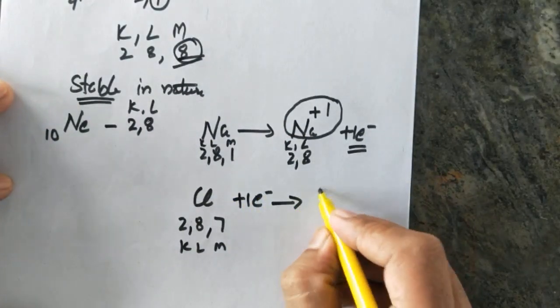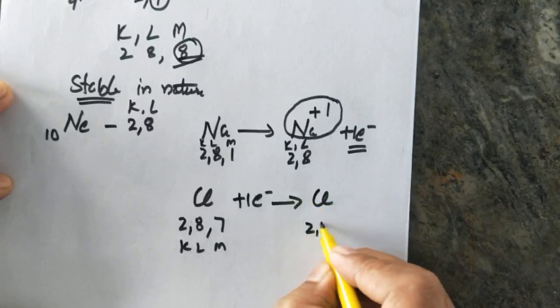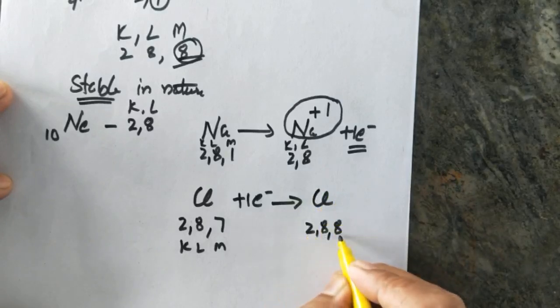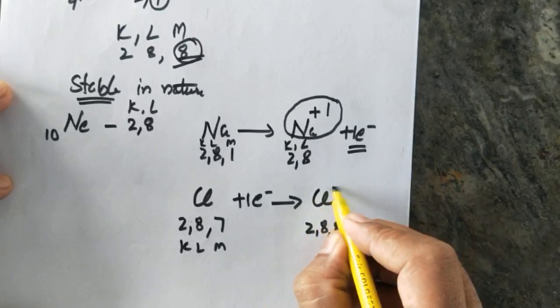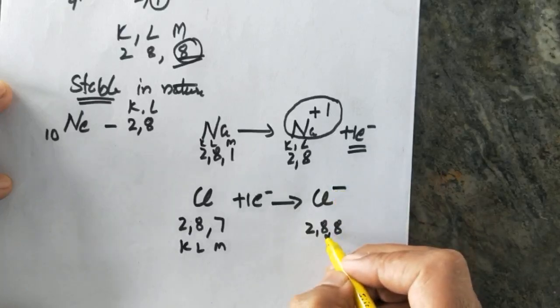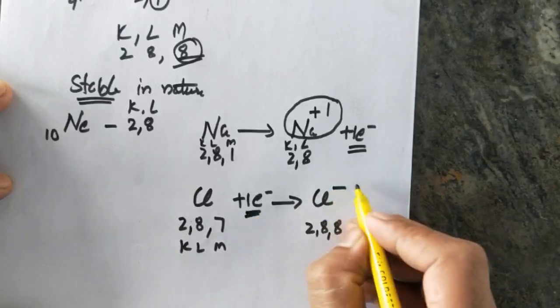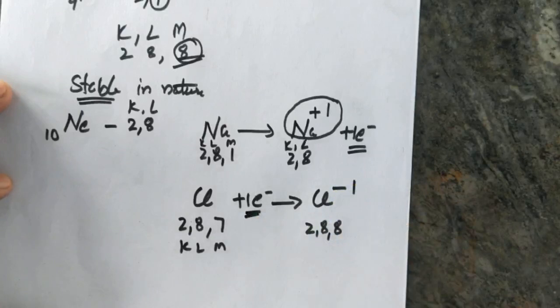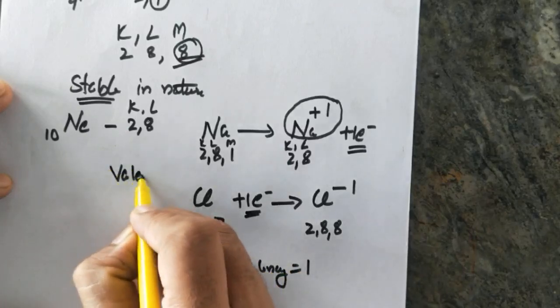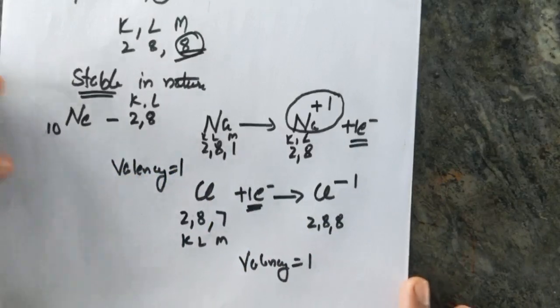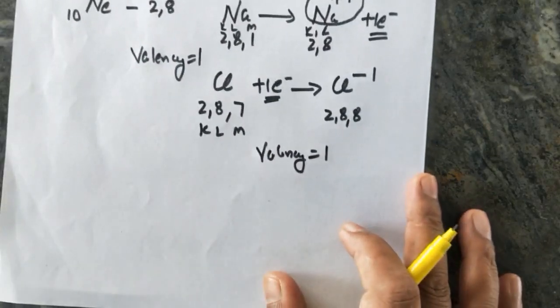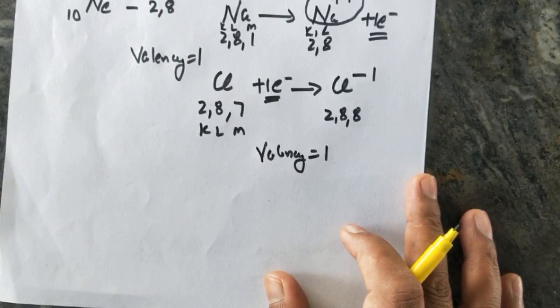So it will gain 1 electron, its configuration will become 2, 8, 8, and the charge will be negative because it has gained 1 electron, therefore the valency is 1. That means the valency of chlorine is 1 and also the valency of sodium is 1. In short, valencies are the number of electrons lost or gained during compound formation in order to attain stability.